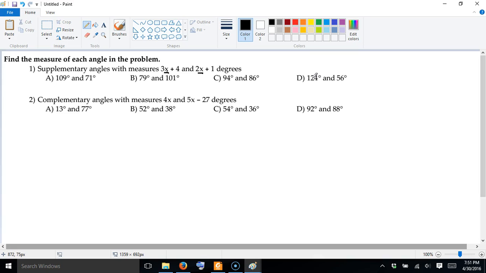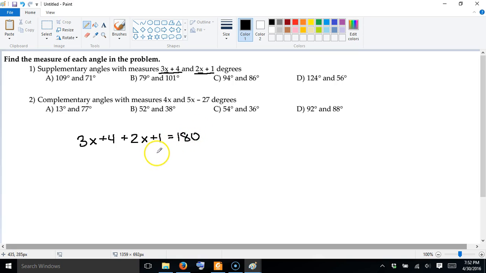Just like we would solve for x, if these two angles right here, 3x plus 4 degrees and 2x plus 1 degrees, are supplementary, the way you would set this up is 3x plus 4 plus the other angle measurement equals 180, because supplementary angles add up to 180 degrees.